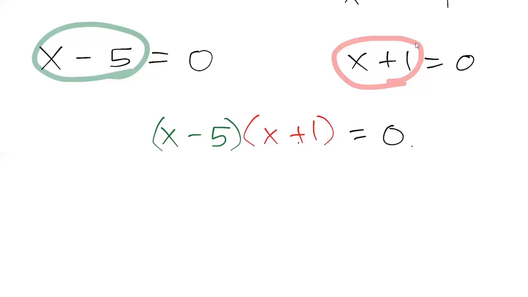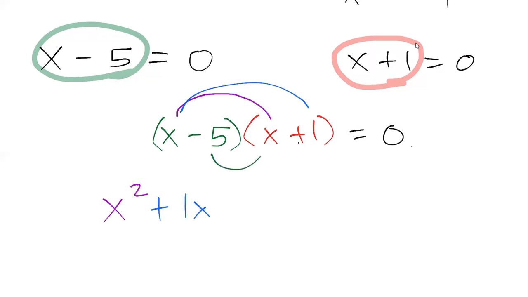Now all I got to do is execute lesson 5, which was FOILing, aka distributive property, and get x times x, giving me x squared, x times 1 giving me 1x, or just regular x, negative 5 times x giving me a negative 5x, and last but not least, we'll go orange here, negative 5 times 1 giving me a negative 5.